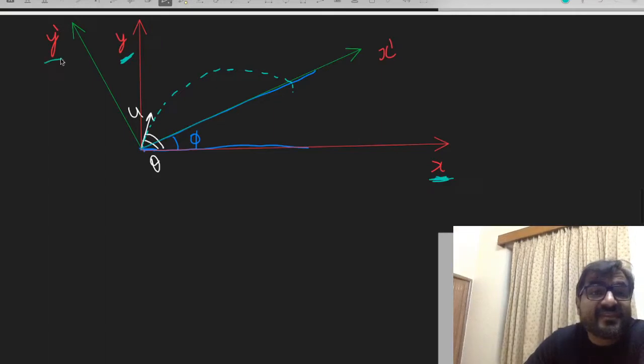Whereas if we take this as our axis, y dash and x dash, we know for sure that when it lands, the displacement in y dash coordinate would be 0.